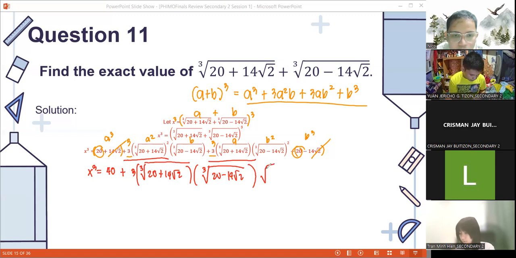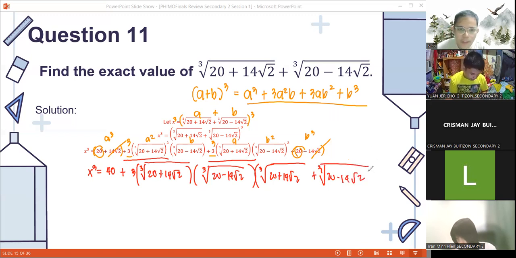And then we have the cube root of 20 plus 14 square root of 2, and then plus the cube root of 20 minus 14 square root of 2.